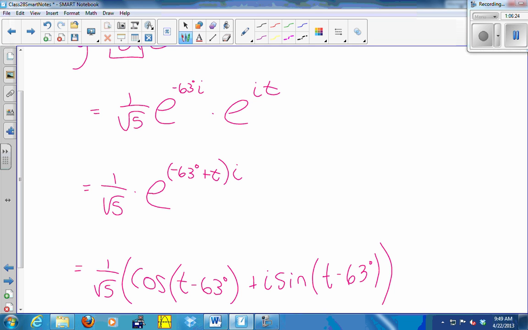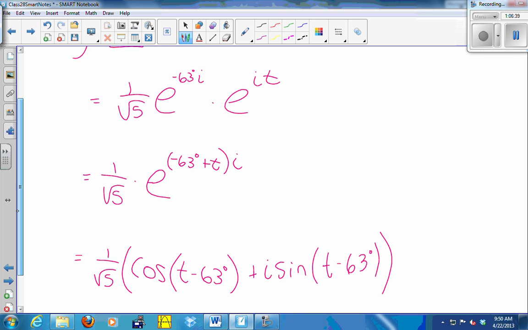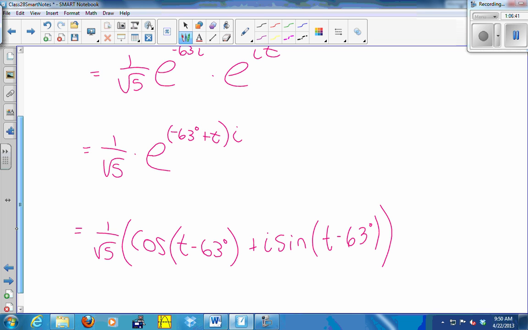It's just negative 63i plus it, and then factor out the i. All right, and then remember that our particular solution was just the imaginary part of the a e to the it.